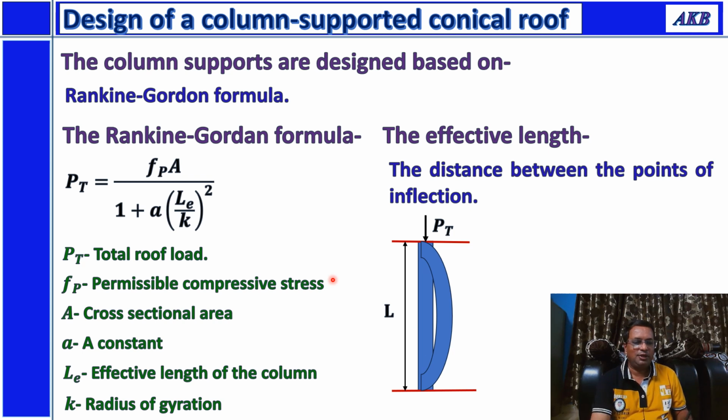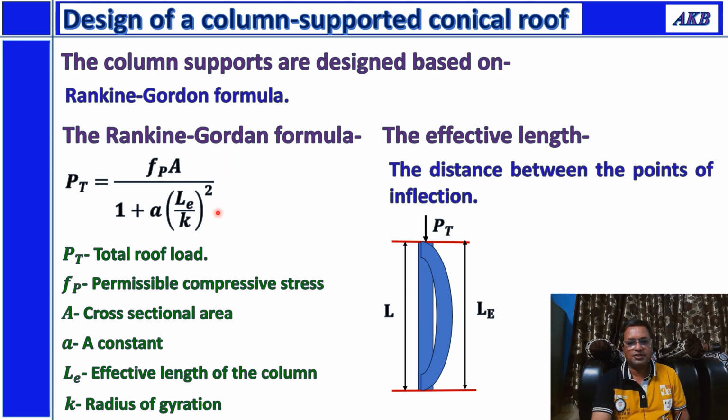For other beams, points of inflection will be at different locations, and you can refer to any book on that. We are concerned with columns that are freely supported at their ends, so the distance between inflection points will be the effective length. For this column, the length of the column and its effective length are the same. So for column supported conical roofs, the effective length will be equal to the length of the column.